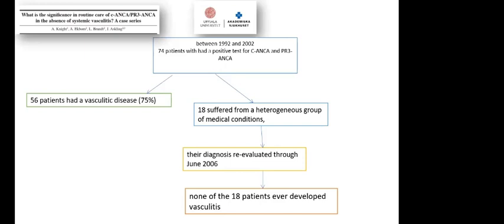At the time of running the test, out of 74 patients, 56 had a vasculitic disease, and the other 18 suffered from a heterogeneous group of other medical conditions. These 18 patients who didn't have vasculitis at the time of running the test had their diagnosis re-evaluated through June 2006. None of these patients ever developed vasculitis.